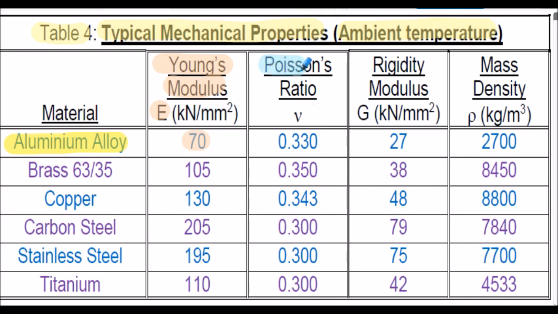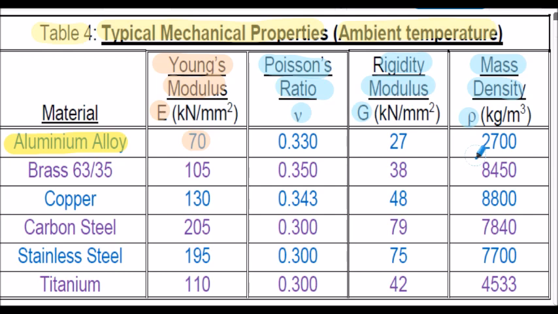So Poisson's ratio, Greek symbol nu, rigidity modulus, symbol capital G, and also mass density, symbol rho, will be required as inputs to the finite element analysis.